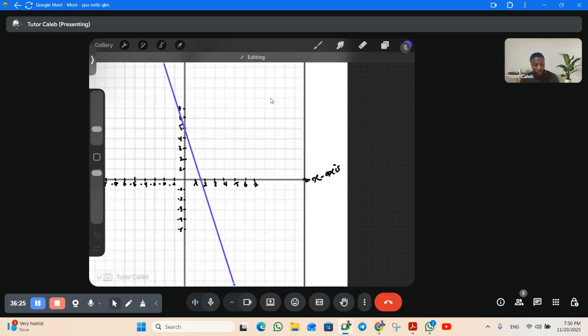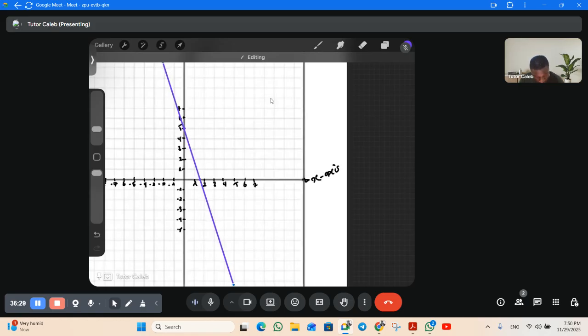It is very important that your line is very accurate, because the accuracy of your line is going to determine the result that you get. If it's not accurate, you will get a very poor result. So make it as accurate as possible. Okay, I'm done with the first line.